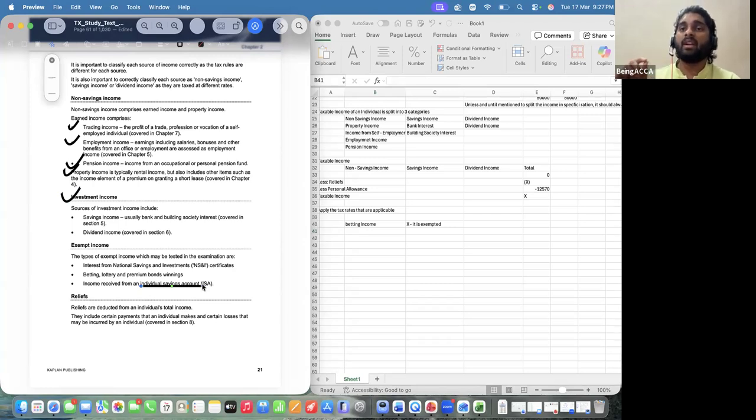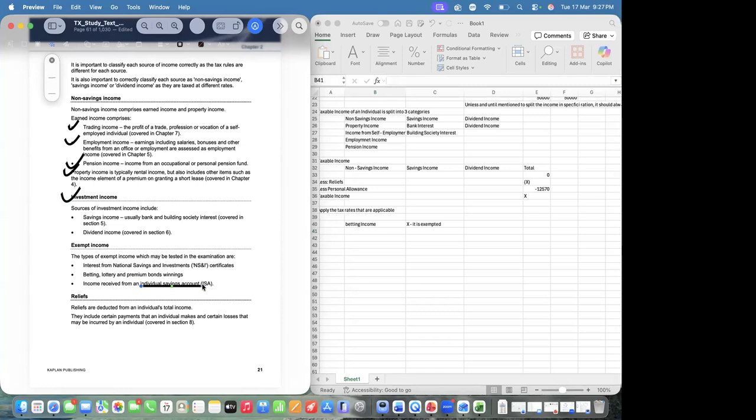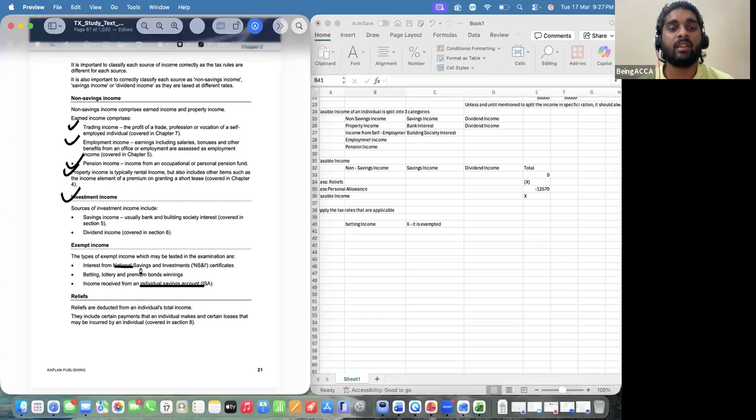Whatever returns that they get on that ISA account are completely exempted from taxation purposes. Is that clear? And similar to that, you also have interest from National Savings and Investment certificates. You purchase the certificates of NS&I, and whatever interest that you receive on those is completely exempted for taxation purposes.